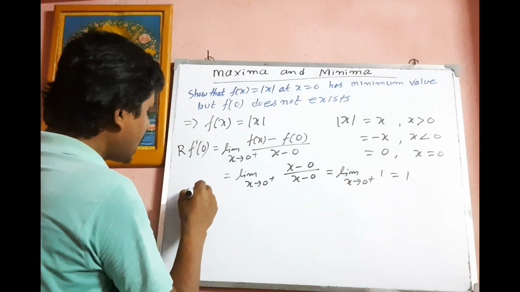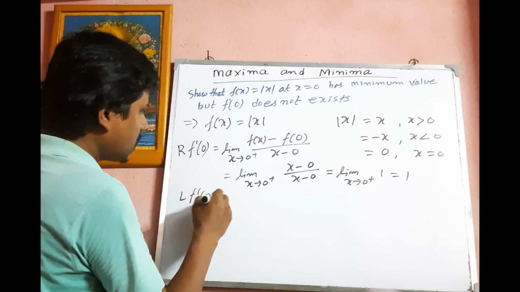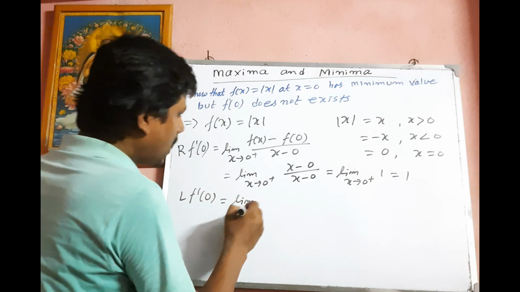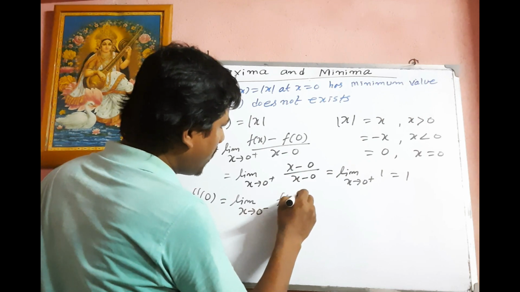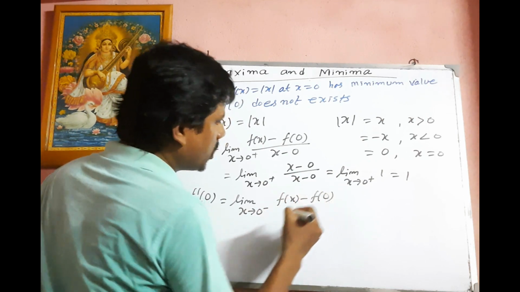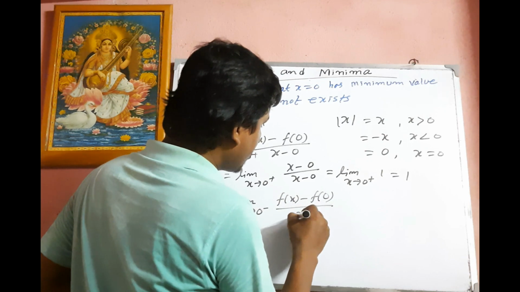Similarly, the left hand f dash 0 will be the limit as x tends to 0 minus of f of x minus f of 0 divided by x minus 0.